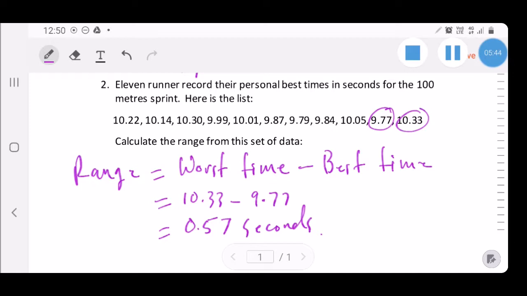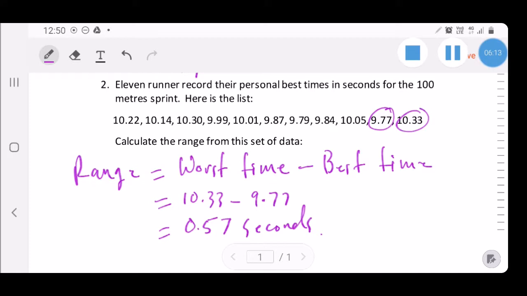So what does that tell us? Well, the range is a pretty small number, which tells us that if the difference between the fastest athlete out of those 11 and the slowest athlete out of those 11 is only 0.57 seconds, then even if we didn't have that list of data in front of us, we'd be able to say that all of those 11 athletes are pretty much as fast as one another, because 0.57 seconds is not a lot.